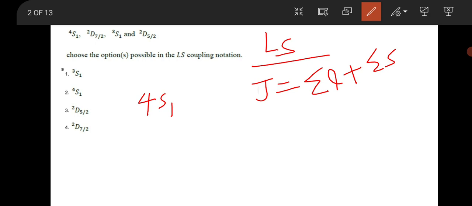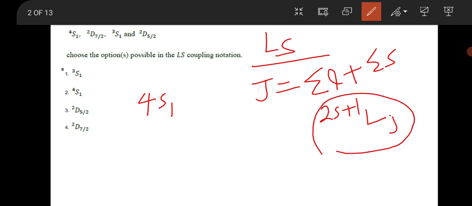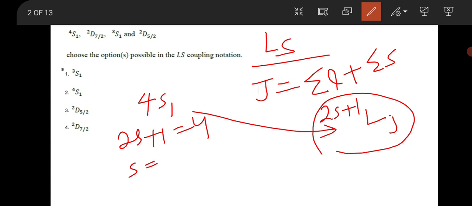If you take the general term symbol, that is 2S+1 L J notation, then by comparing, here 2S+1 is 4, so S will be 3/2, and for S state L equals 0, then J will be L plus S, that is 3/2.